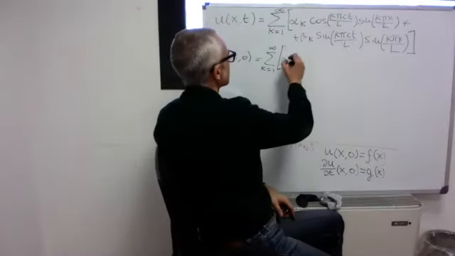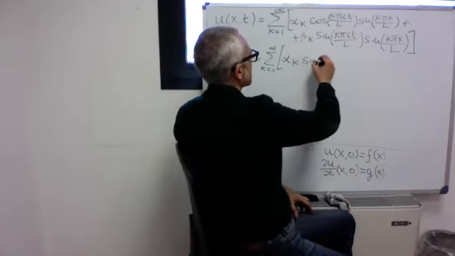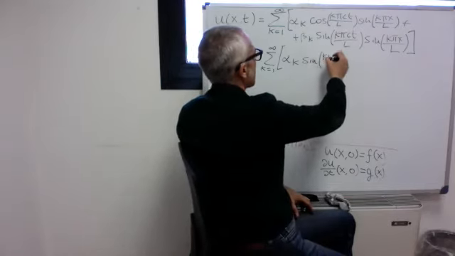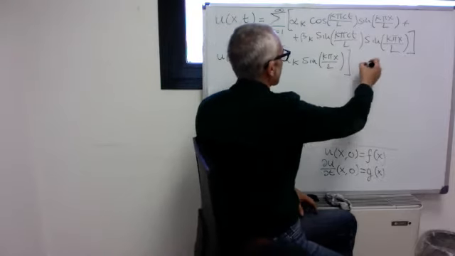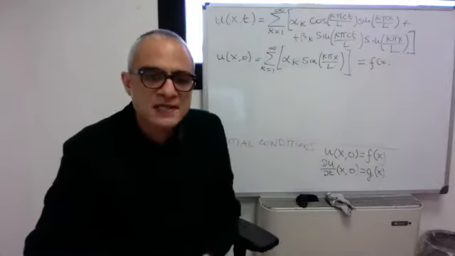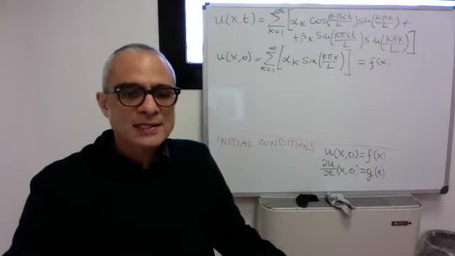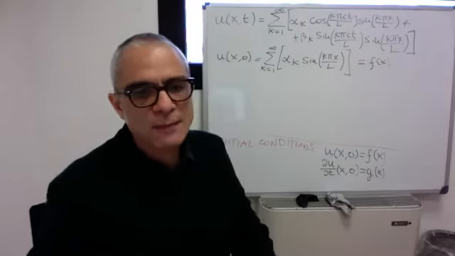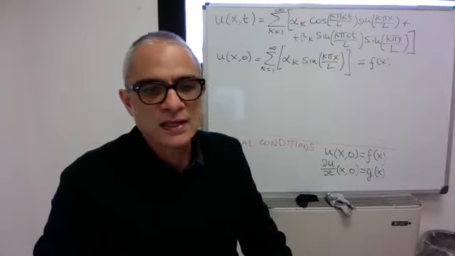So we are left with the sum of alpha_k sine of k pi x over L. And my first condition is that this has to be equal to some prescribed function f of x. In practice, when I solve a specific real problem, I will have to decide what f of x is like.